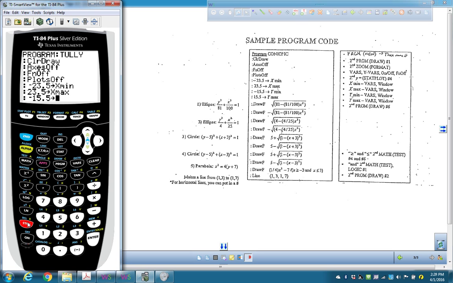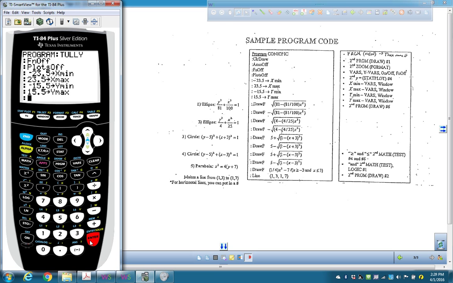Store that as vars, window, Y min, which is number 4. And then you're going to go to 15.5. Store that as Y max. Vars, window, Y max, number 5.